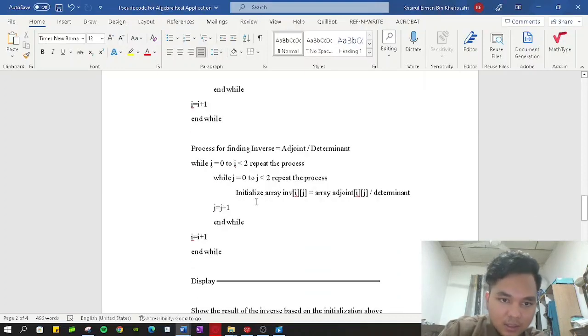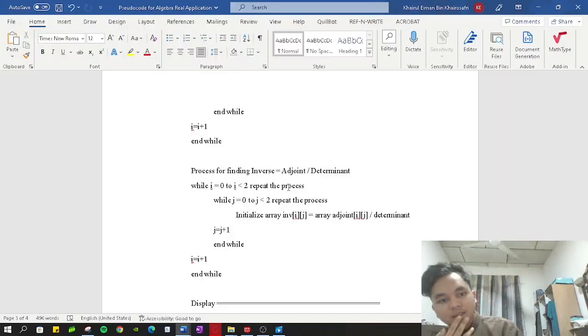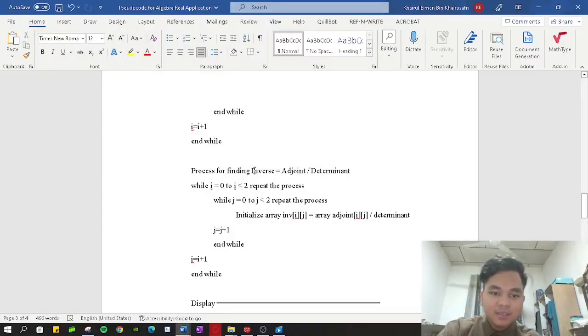So next we need to find the inverse. After we found the adjoint and the determinant, we can find inverse. Inverse equal to adjoint divided by determinant.